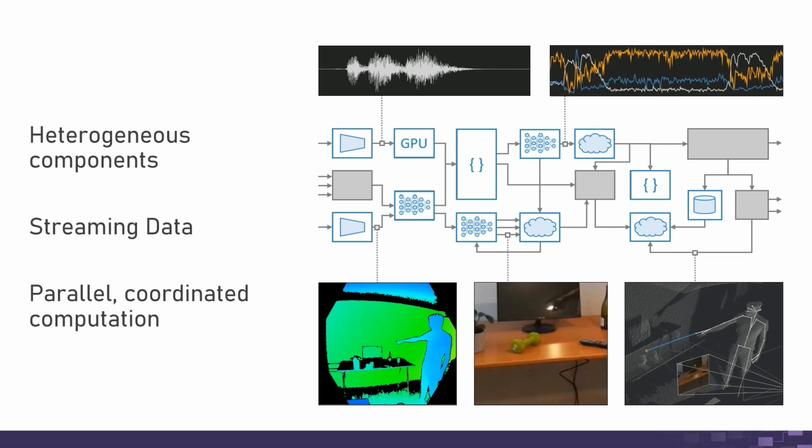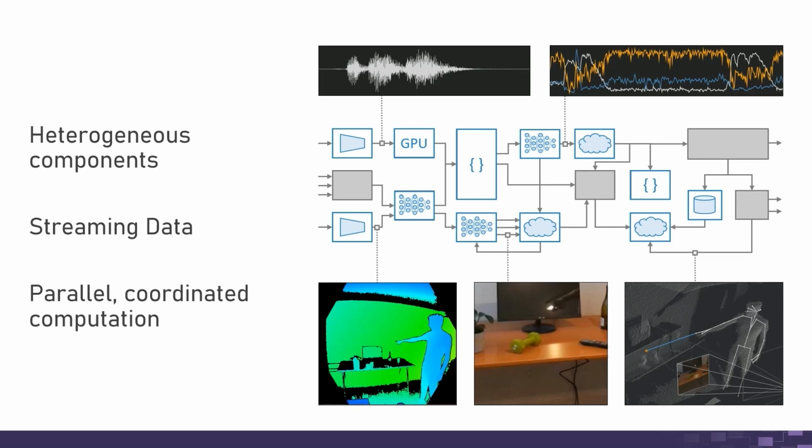The data is continuously streaming in real time, and the computation is typically parallelized and carefully coordinated over many components. Diagnosing problems in this sort of concurrent multi-threaded streaming environment is not practical with common debugging tools and techniques such as breakpoints and code stepping.